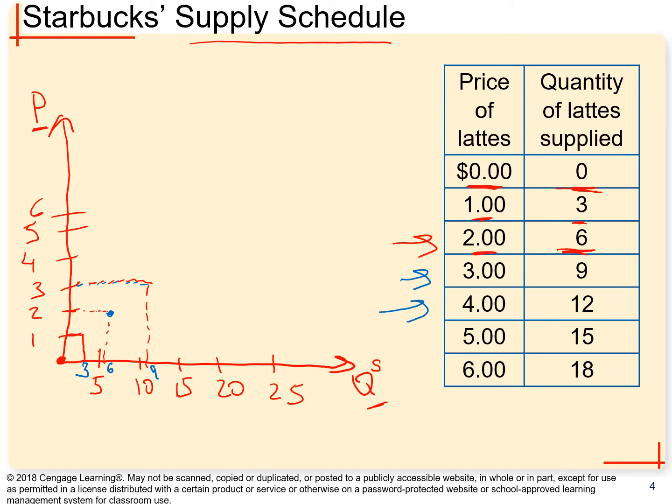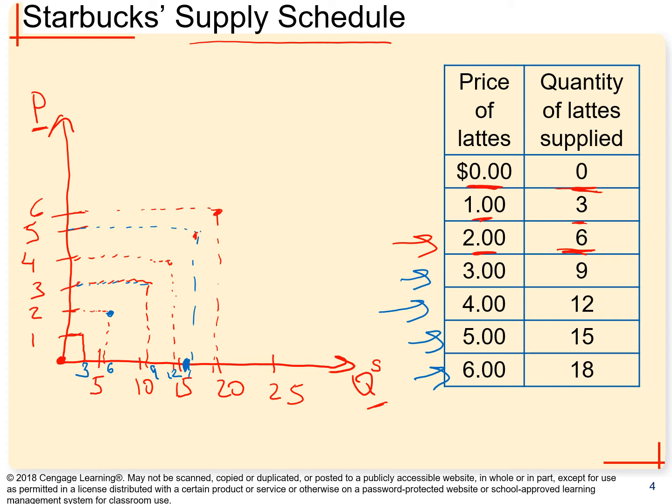When the price is 4, quantity supplied is 12, and at 5 it is 15, somewhere over here. I'm a little bit off. And when the price is equal to 6, quantity supplied is equal to 18.